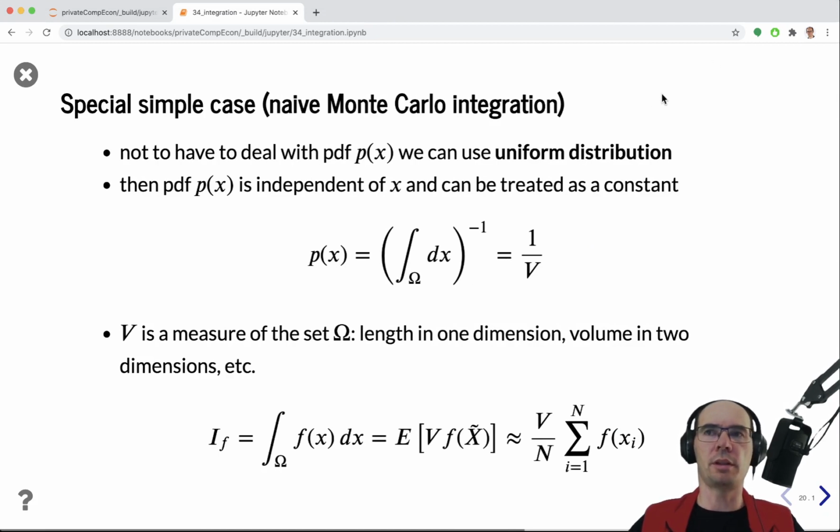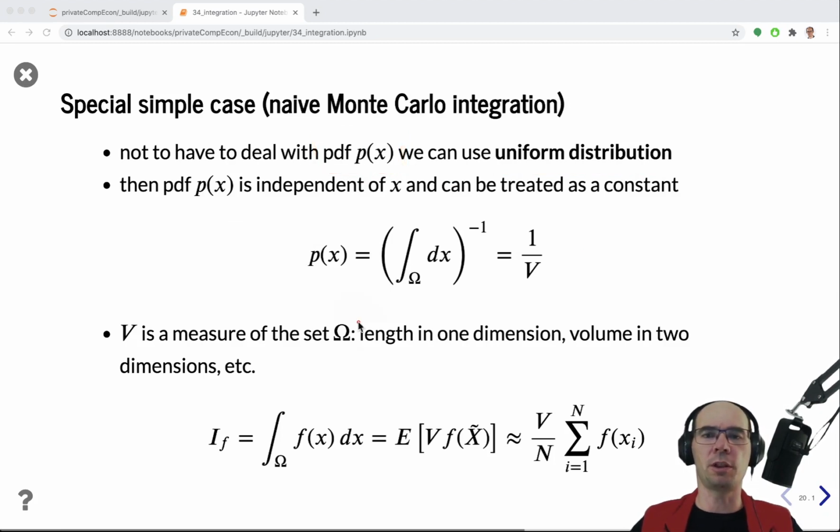So the simple case, which actually corresponds to what we did in the previous video to approximate pi with Monte Carlo. In the simplest case, we can use the uniform distribution over omega, and that makes this PDF p of x independent of x.